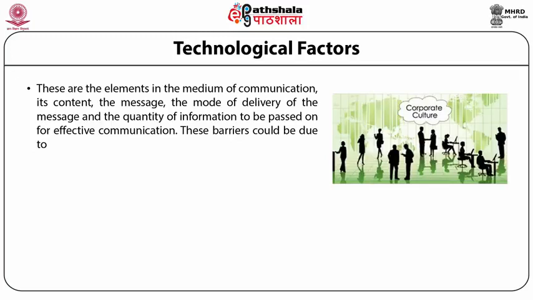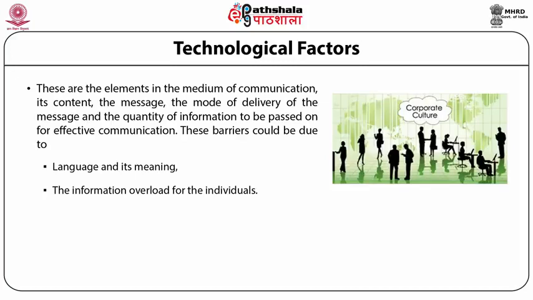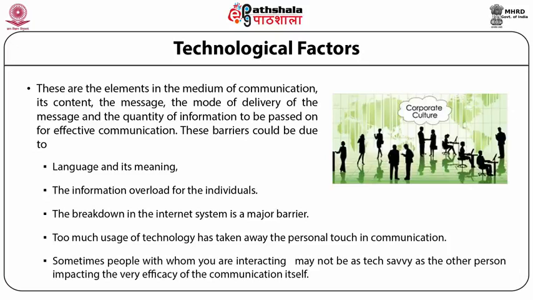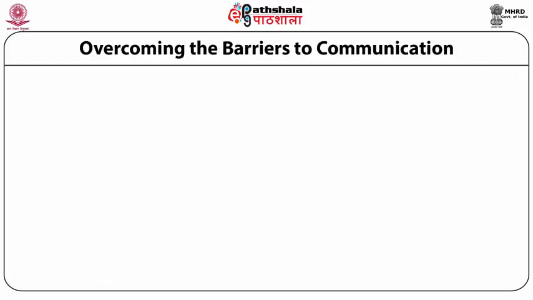These barriers could be due to language and its meaning, the information overload for the individuals, the breakdown in the internet system is a major barrier again. Then, too much usage of technology has taken away the personal touch in communication. Sometimes people with whom you are interacting may not be as tech savvy as you are. So, this could be another barrier in communication.